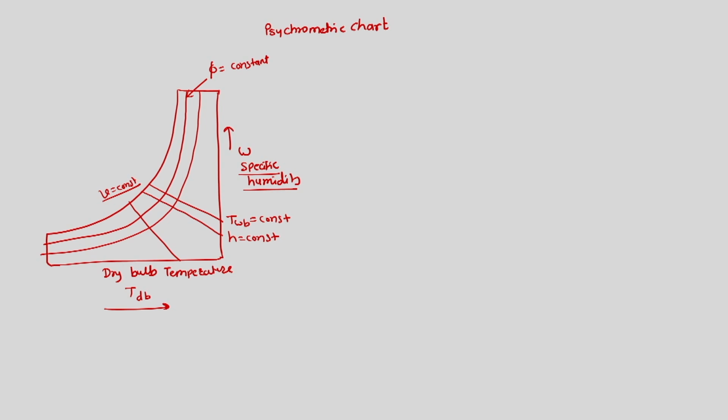Now we are going to see the different processes on the psychrometric chart. Suppose we take a TS diagram: one line shows an isothermal process, another shows an isentropic process, and another shows a constant pressure process.